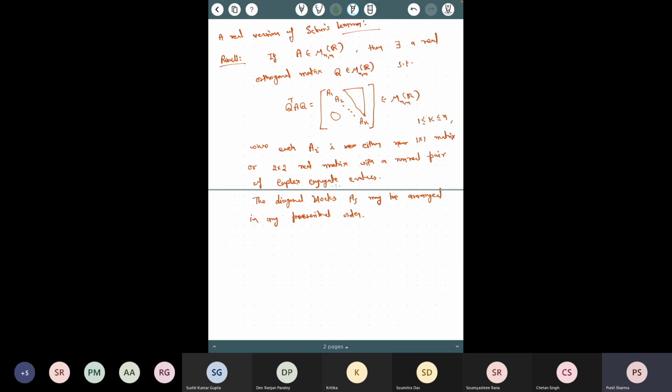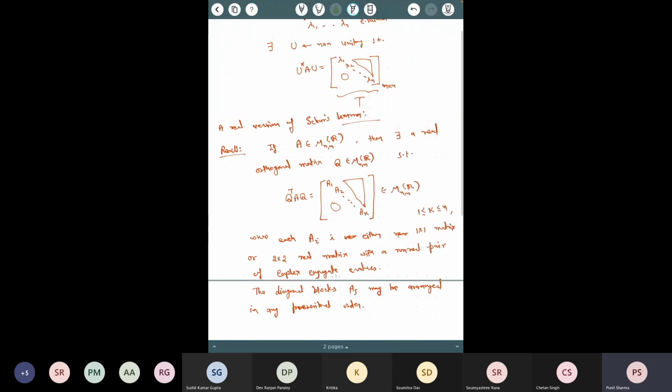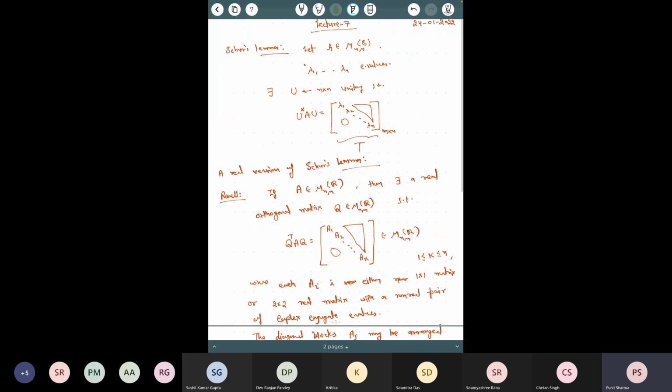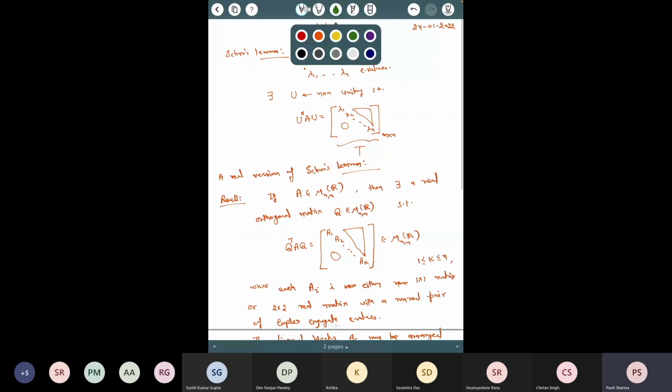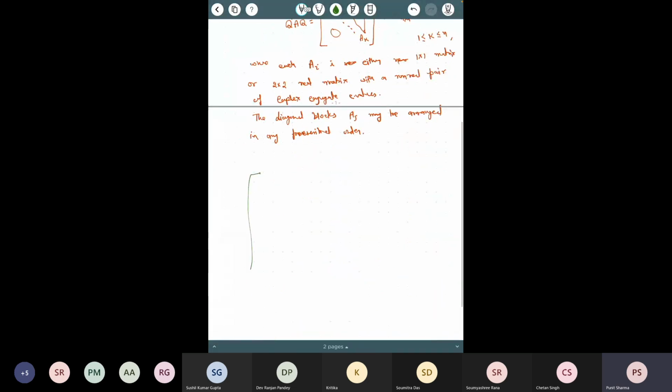Now the proof is very similar to what we did in the complex case. Let me recall the proof of the complex case. Since we are given eigenvalues lambda 1 to lambda n, I chose an eigenvector x1 corresponding to lambda 1 such that the norm of x1 is 1, and then I extended x1 to an orthonormal basis of Cn.